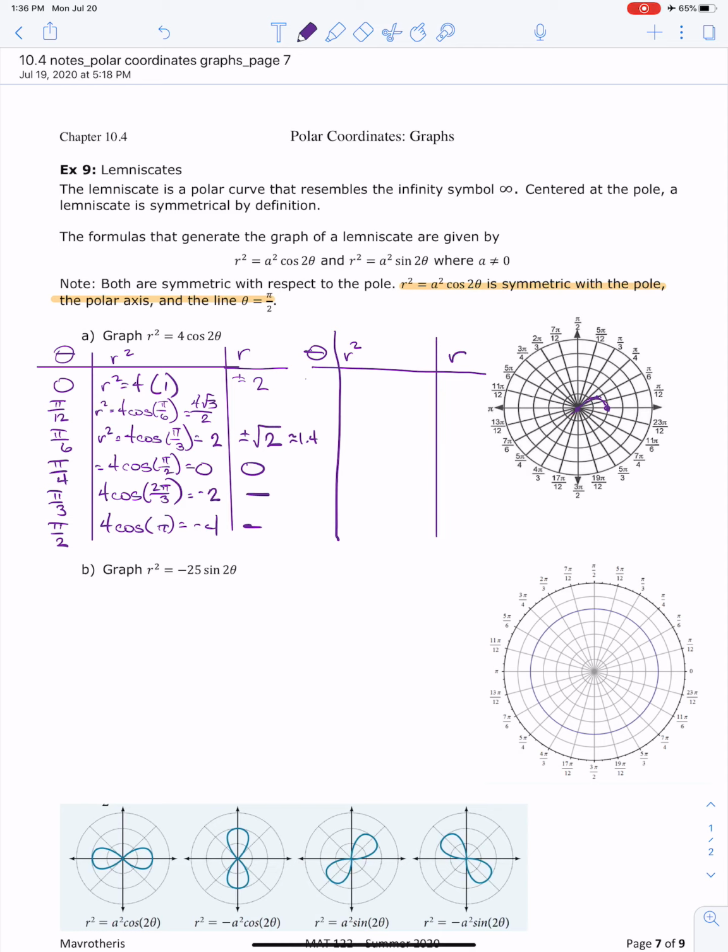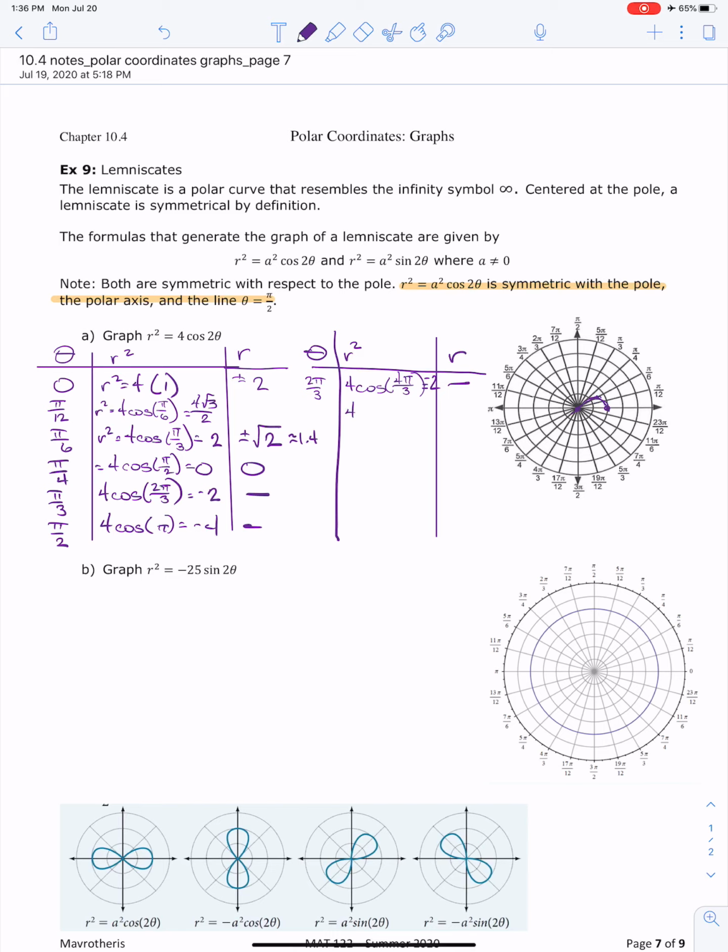2 pi over 3. Let's try that. I get 4 times cosine of 4 pi over 3. Cosine of 4 pi over 3 is negative 1/2. This is a negative 2, which I can't use.